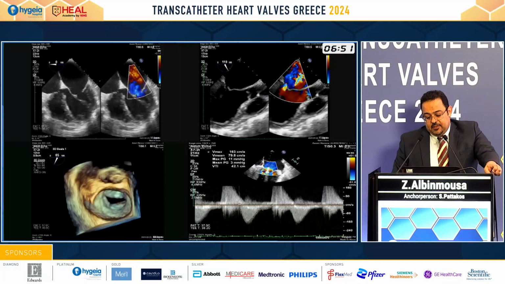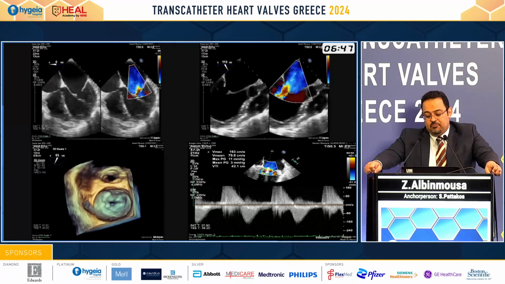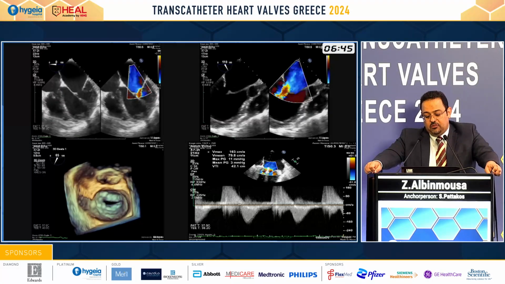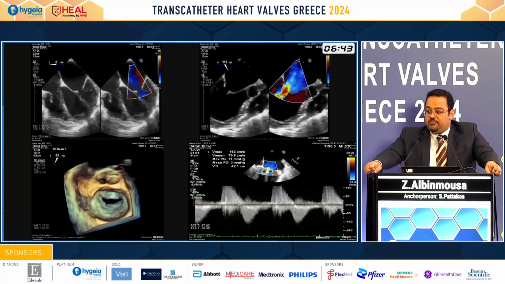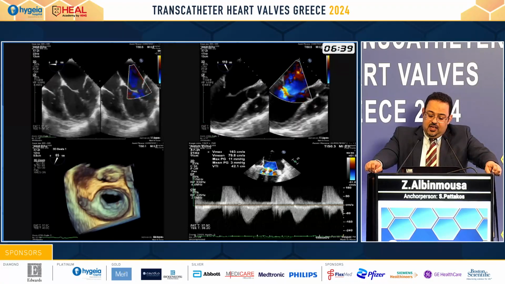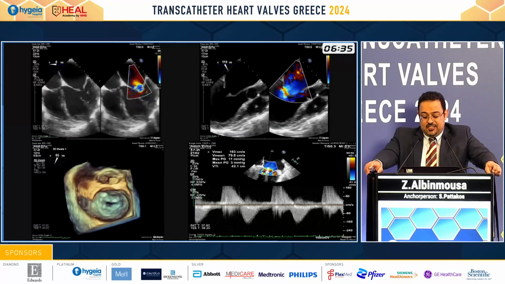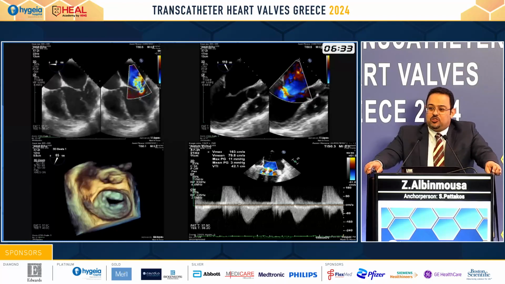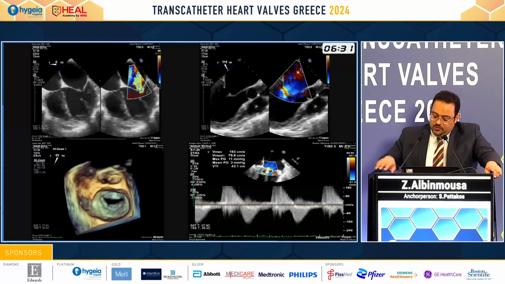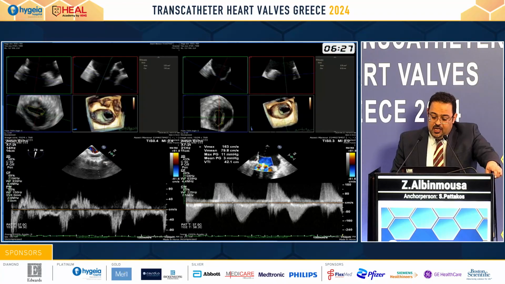On the transesophageal echo, you can see there is a wide gap, severe MR definitely, no doubt, but again there is great concern about the posterior mitral valve leaflet. The gradient was 3 to 4, which added to our concern in discussing this patient for mitral valve TEER.